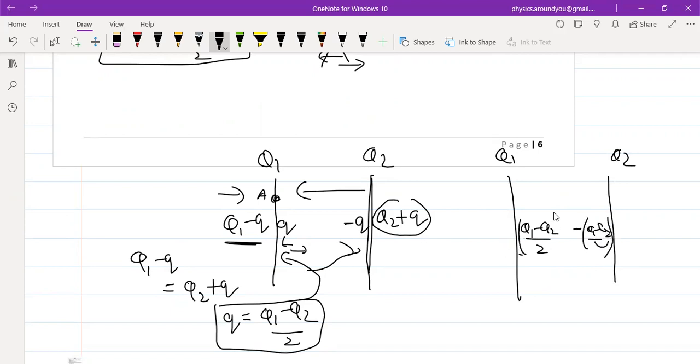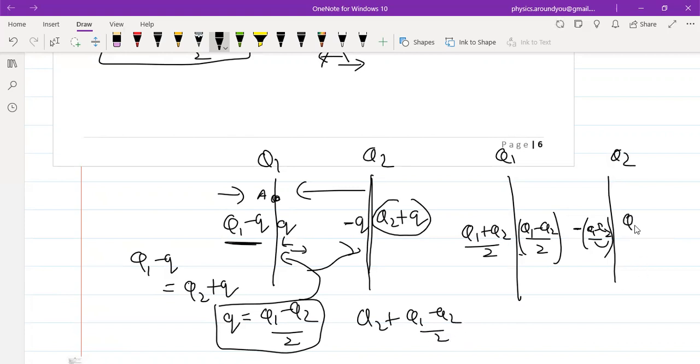What is the charge developed on the outer faces? It will be Q1 plus Q2 by 2 here, and here, this is Q1 minus Q, right? So on this face, it would be Q2 plus Q, which is Q2 plus Q1 minus Q2 by 2.